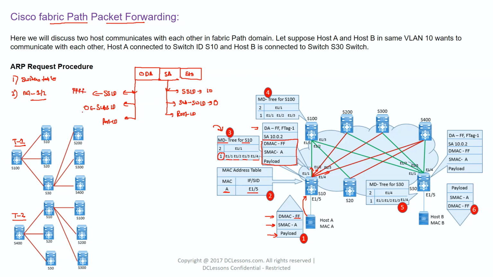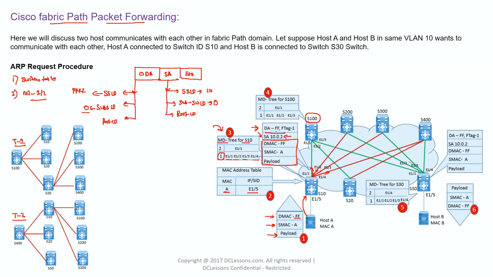So this is my source, because switch 10 is encapsulating the packet and forwarding it into the FabricPath domain, and this broadcast packet is sent over the multi-destination tree interfaces.